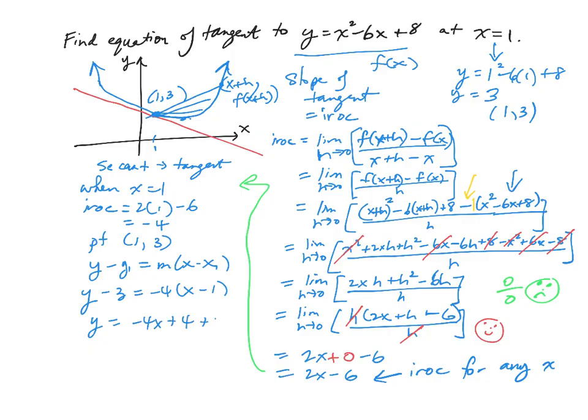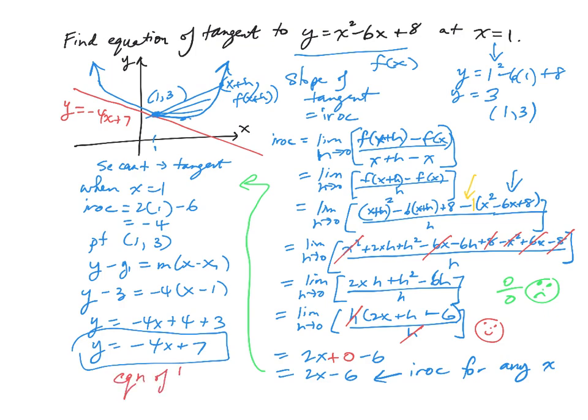Plus 4 plus the 3 from the other side, plus 7. And that is the equation of your tangent. That's this line right here. And it does have a negative slope. It will hit at 7, it looks like, although our graph doesn't look nearly steep enough. But that's our equation of our tangent, and we're done.